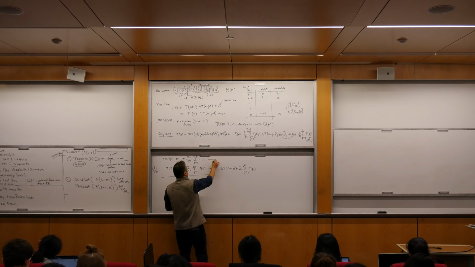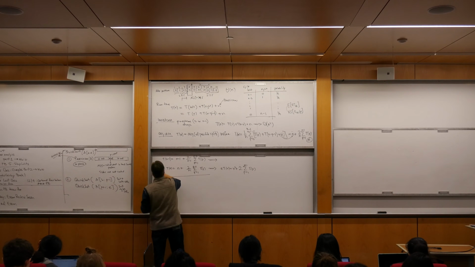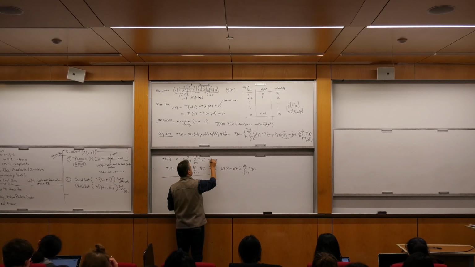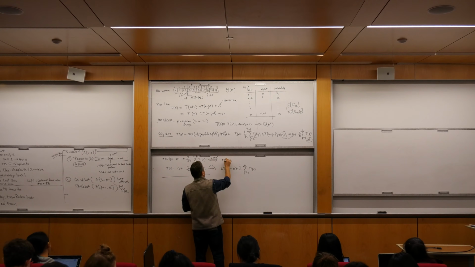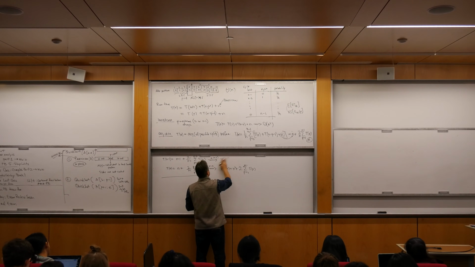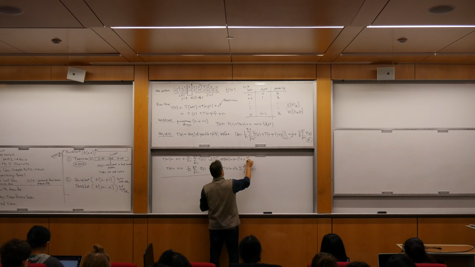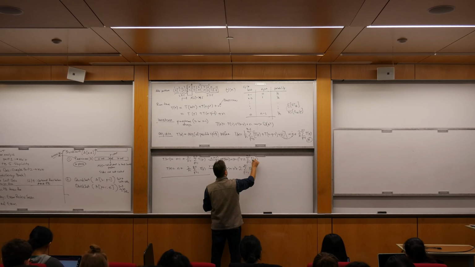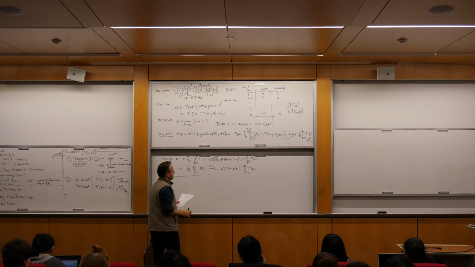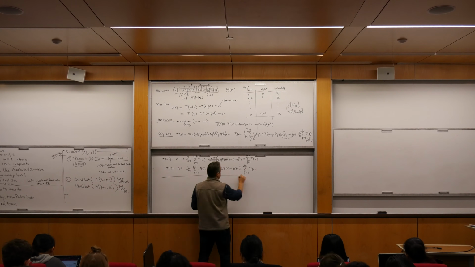And now this one, I'm going to multiply. So here I multiply by n, this one I multiply by n minus 1. I get n minus 1 times T of n minus 1, that's n minus 1 squared plus 2 times the sum of p equal 1 to n minus 2 of T of p. And now I subtract those two things.